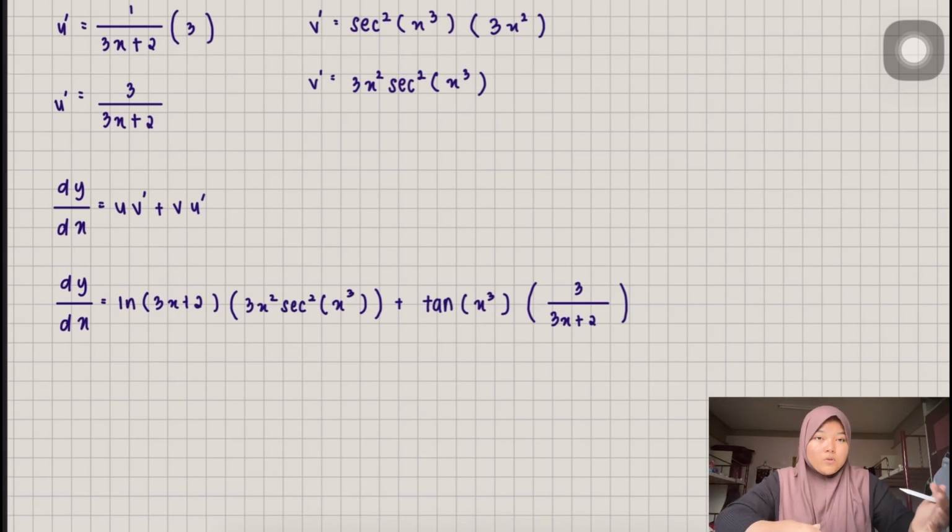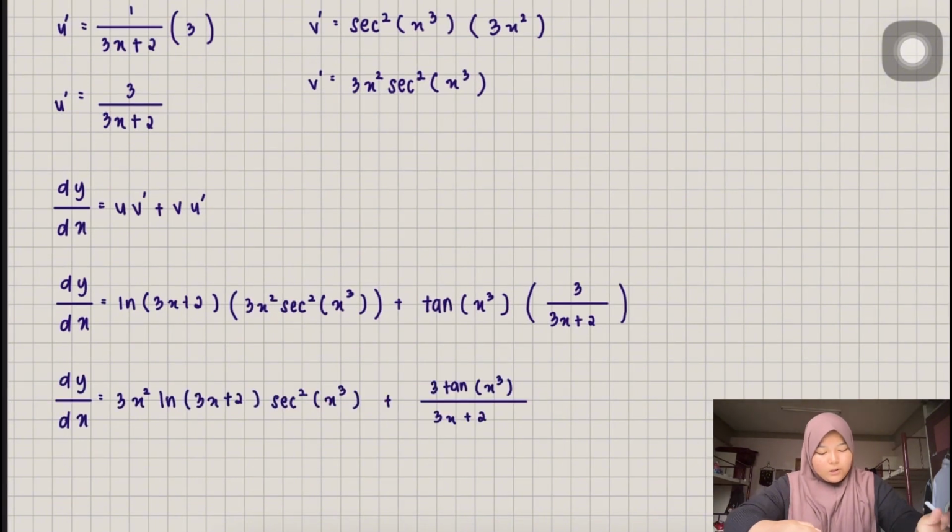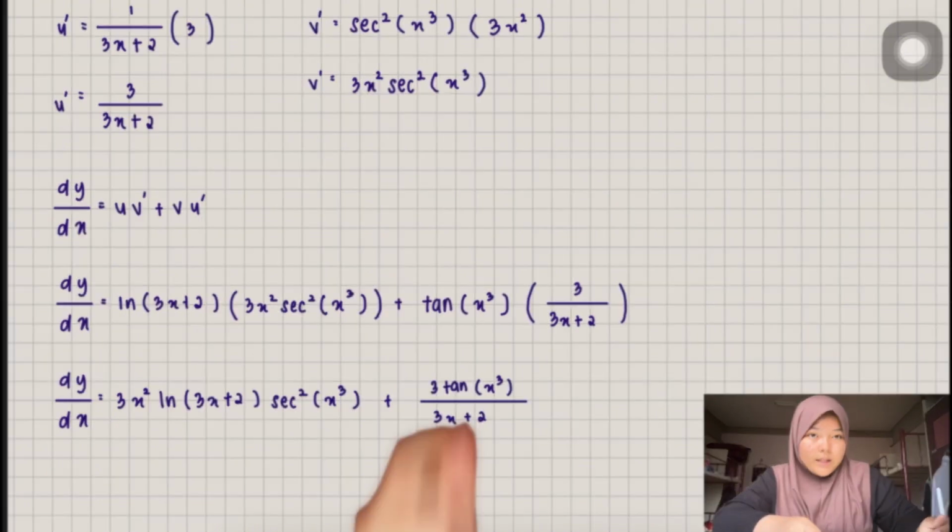So we have to solve it, and the final answer is dy/dx equals 3x squared ln(3x plus 2) sec squared x cubed plus 3 times x cubed over 3x plus 2. That's all for question 2k.